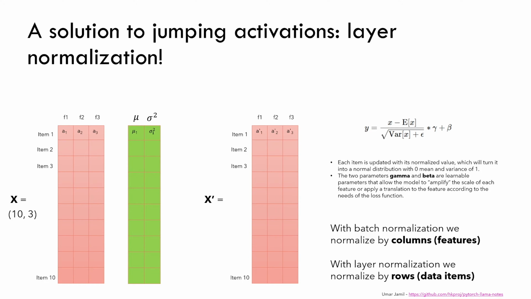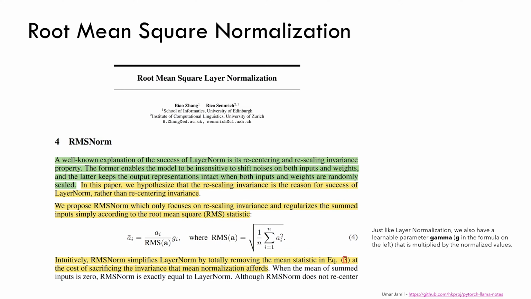So we need the mean to calculate the variance. The authors hypothesized that the recentering is not needed to obtain the effect of layer normalization, so they wanted a statistic that doesn't depend on the mean. And the RMS statistic doesn't depend on the mean.